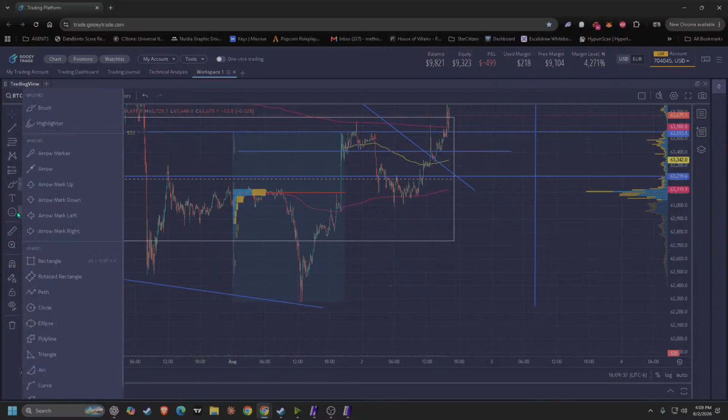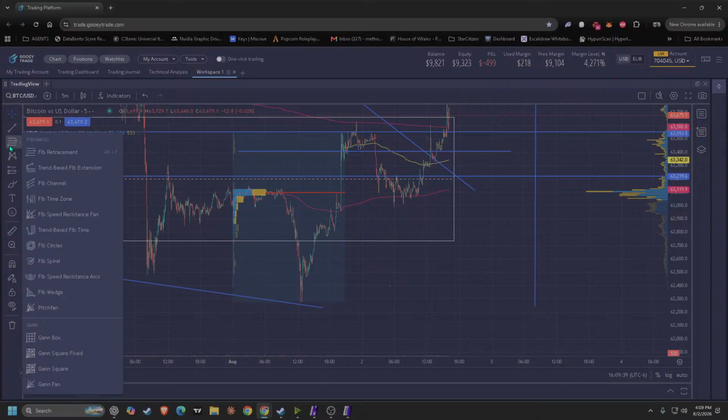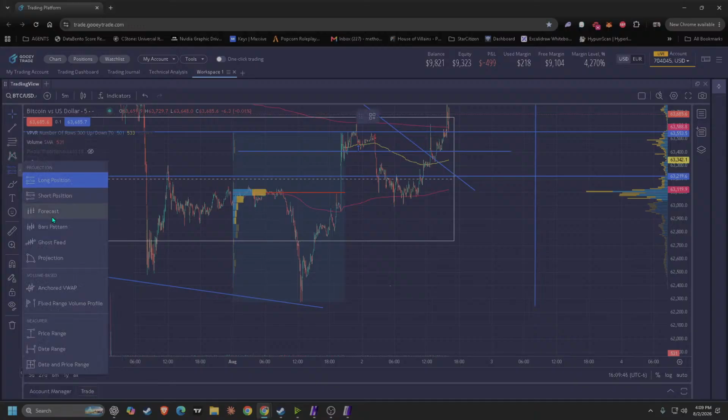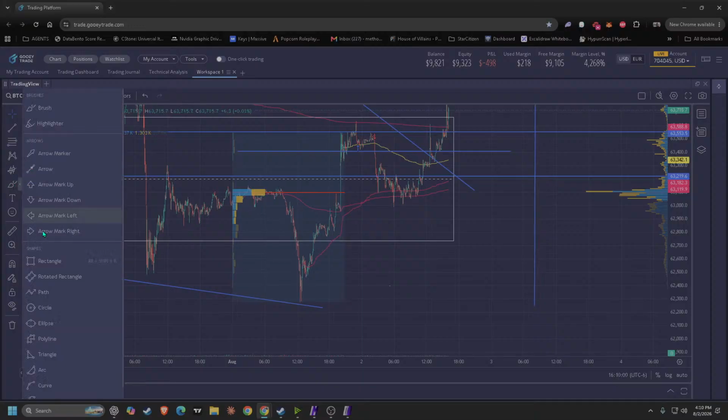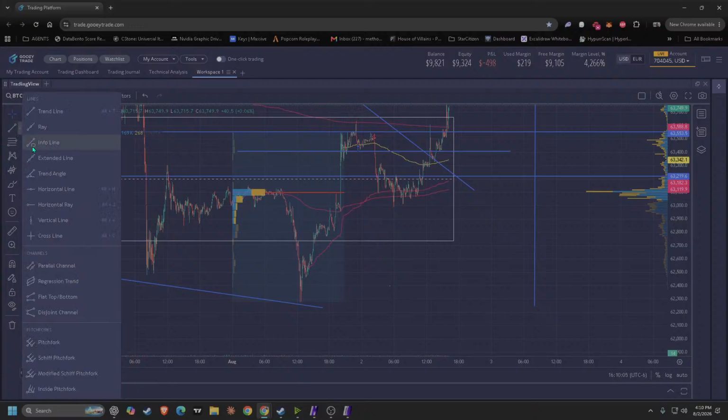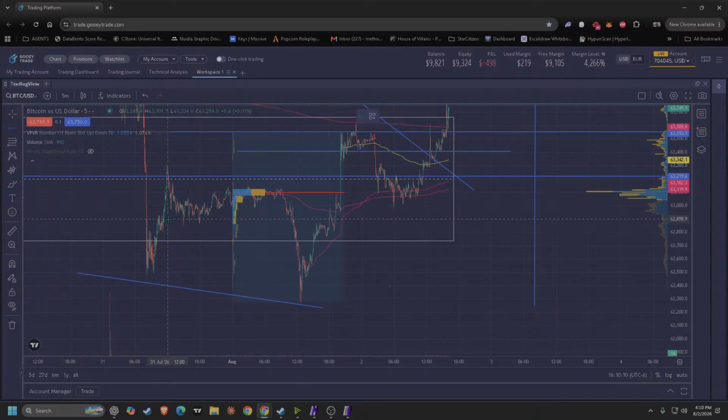Have some VWAP, volume weighted average price. Anchored VWAP, have this swing low. So it's clear, this is going to be our support area. Do it as a horizontal ray.